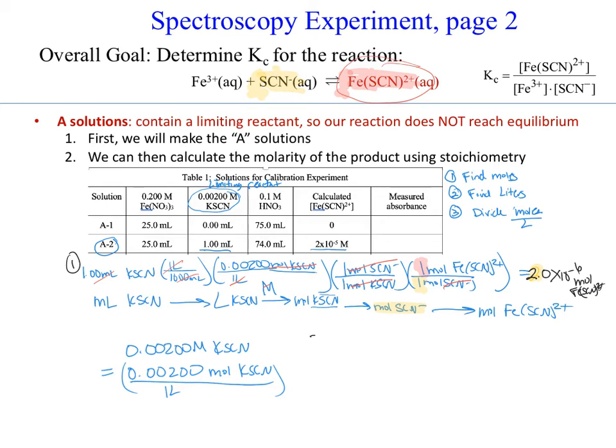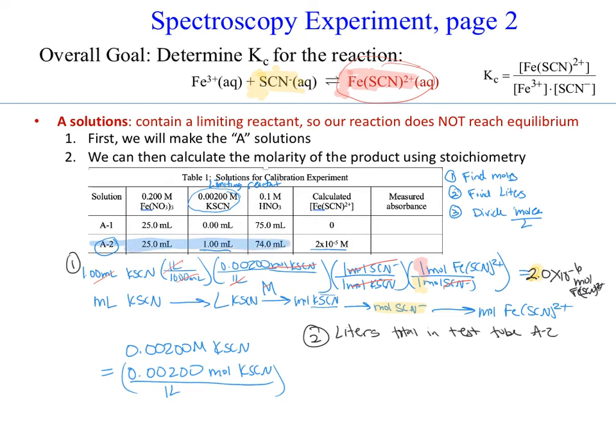Step 2, find liters. So here, looking at the liters total in the solution. So liters total in test tube A2. When I look at that, I can see I have 25 plus 1 plus 74.